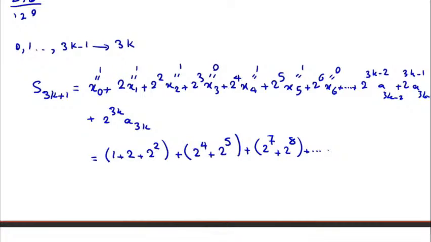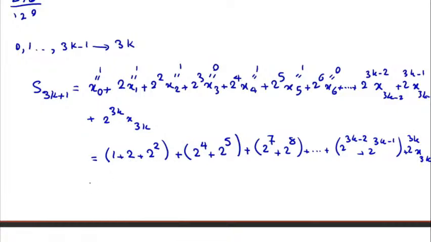Plus, at the end, we write 2^{3k-2} plus 2^{3k-1} by induction, and plus 2^{3k} x_{3k}.